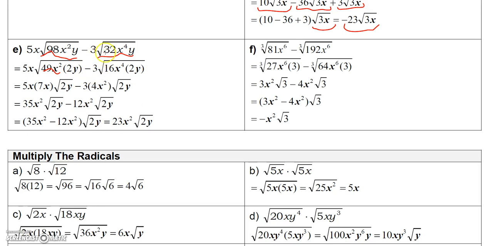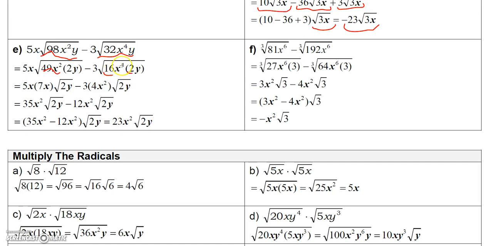And then let's look at the next one. The next one, I can write 32 as 16 times 2, so that's 16 times 2, and then I'll put the x to the 4th right here and put the y over here.